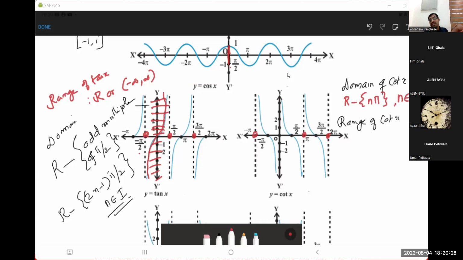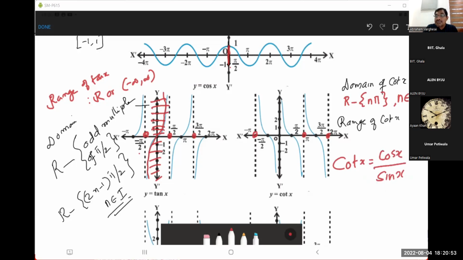n pi: 1 pi, 2 pi. You know what is the reason why it is not defined? Because cot x is equal to cos x by sin x. We studied this in 10th standard. Therefore, when sin x is 0, cot x will not be defined.